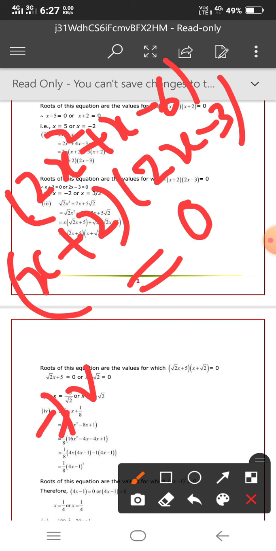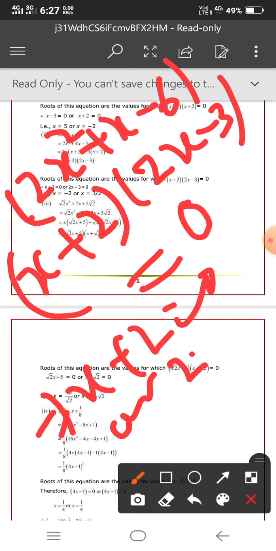This implies x plus 2 equal to 0 or 2x minus 3 equal to 0. Separately you can write x plus 2 equal to 0, this implies x equal to minus 2, and 2x minus 3 equal to 0, this implies x equal to 3 by 2.